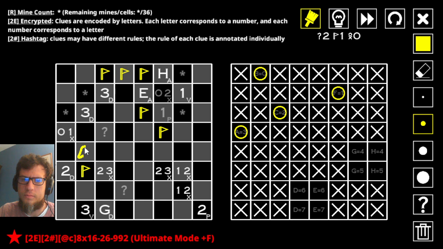Is it possible for this to not be mine? Then this would have only 2. So it can't be the 3, so it would have to be the 2, right? Then you just get one of those to go mine. It wouldn't affect anything else.